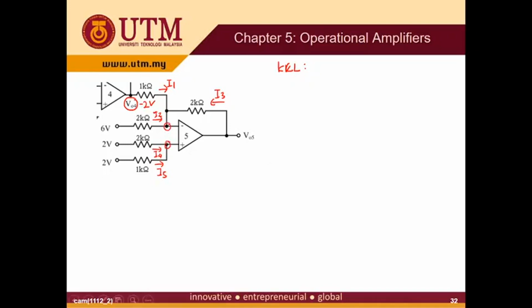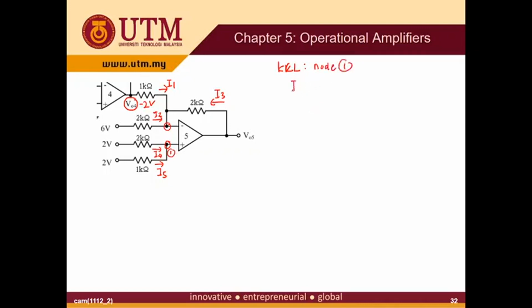In a subtractor, it's better to start with the positive node, the non-inverting node, because it doesn't have the feedback, so you only have the input parameters. Okay, we do the KCL. This is node number 1, so this is KCL for node 1.